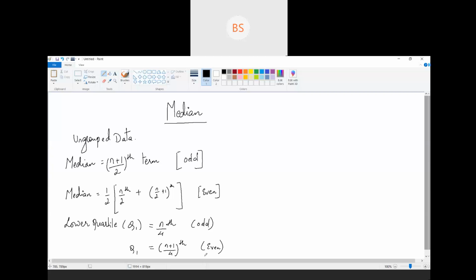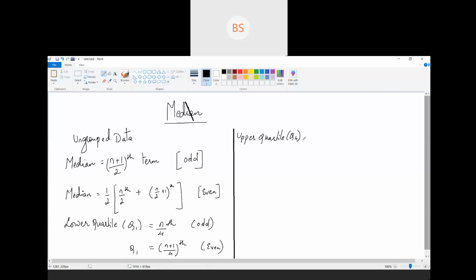Now the second, the middle term you already know, that is the second part, right? That is the median, which is denoted by m. And then we have the third part, which is called the upper quartile, denoted by Q4.